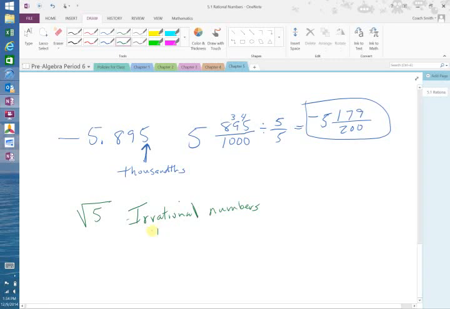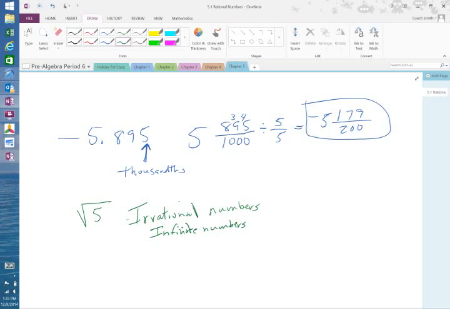Irrational numbers are infinite. What that means is the number will continue on forever and never repeat the same block of digits or the same digits in order. So the square root of 5 is an irrational number.